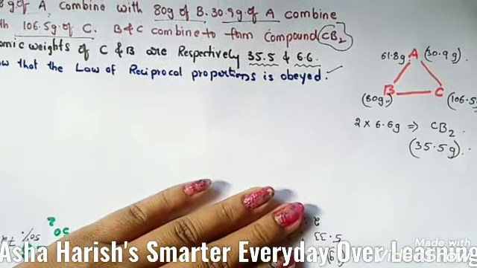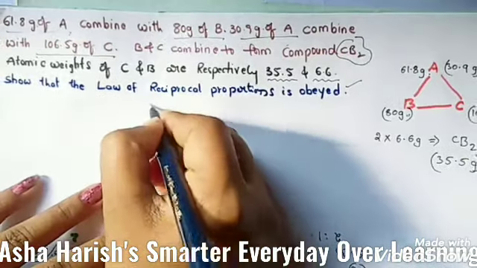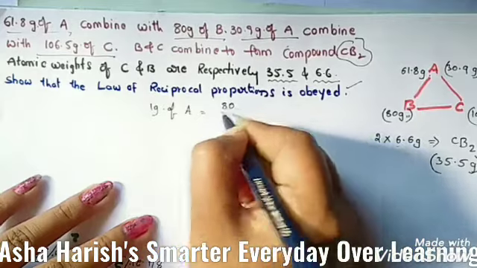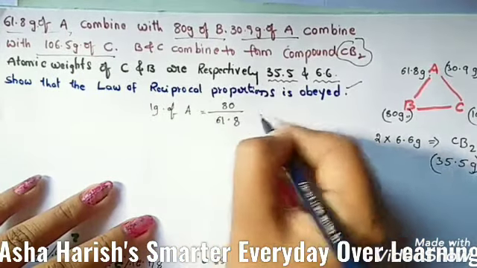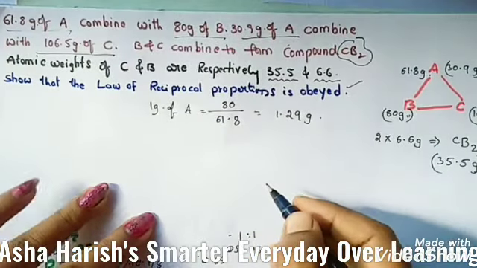Now the mass of B combining with 1 gram of A is equal to 80 by 61.8, that should be 1.29 grams.